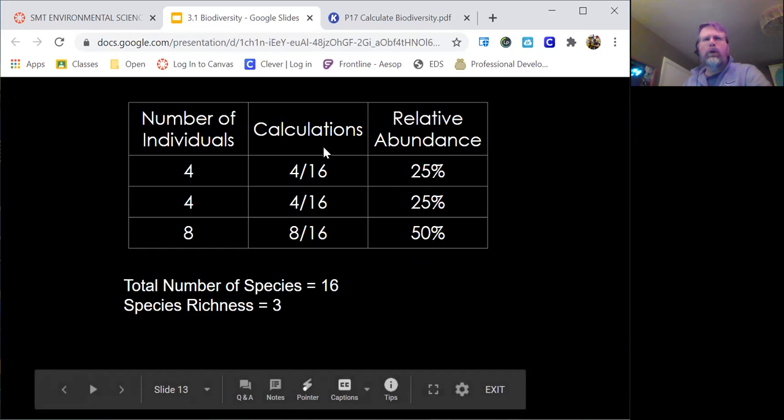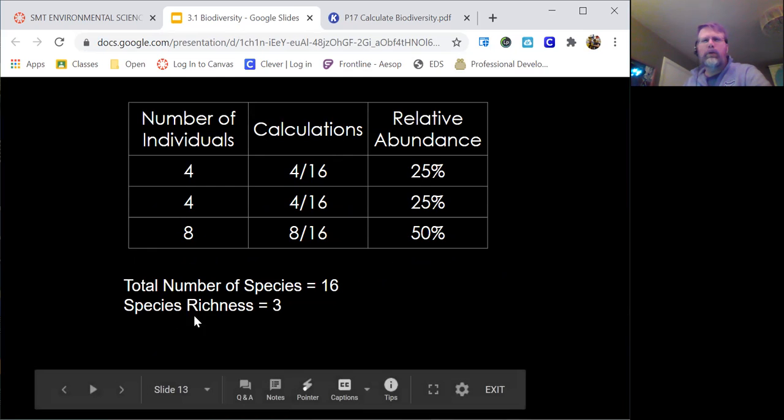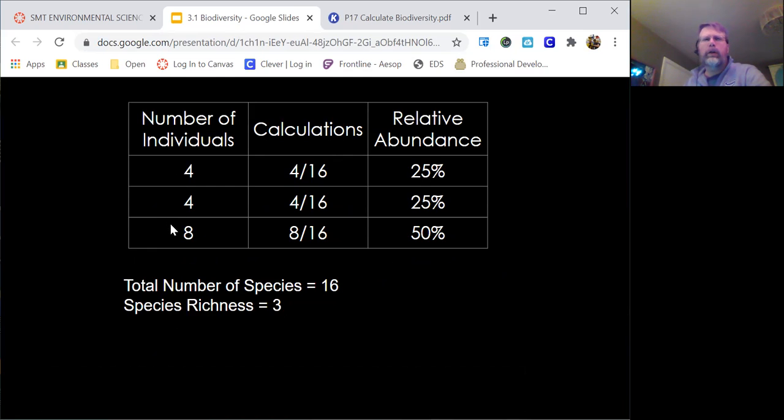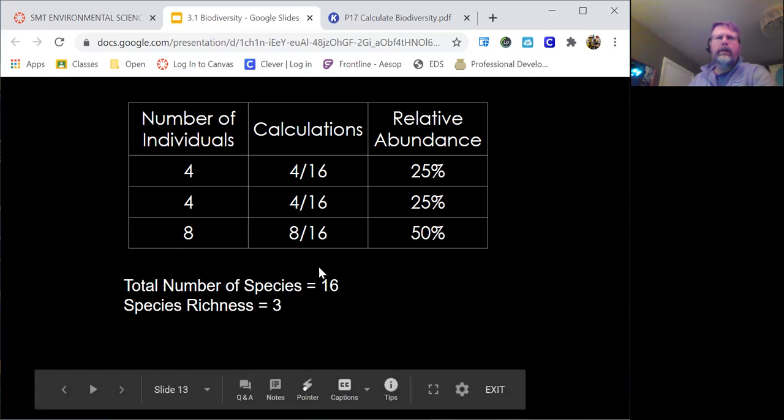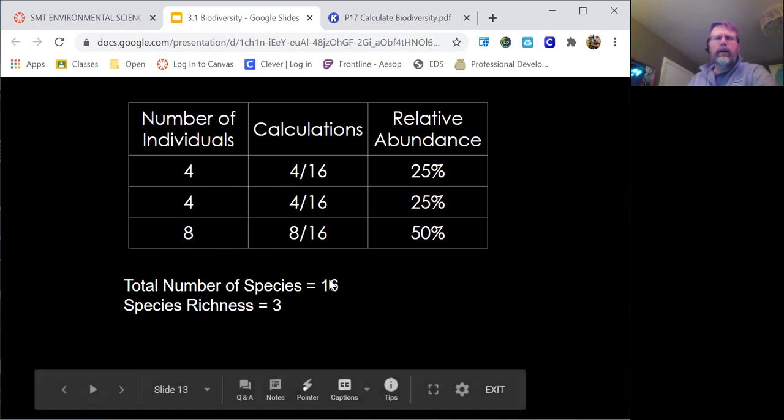If we see three different types of species, the species richness is three. There are three different plants: grass and flowers and trees. So the 4 plants add up to 16 total individuals and 3 different types. We have the total number and the different types.